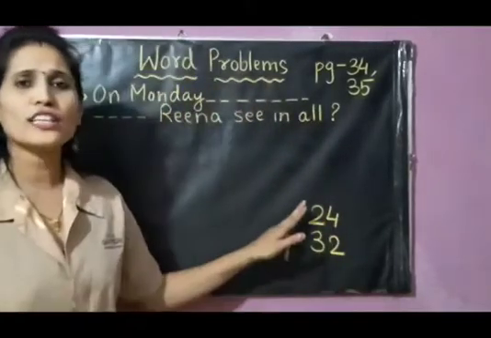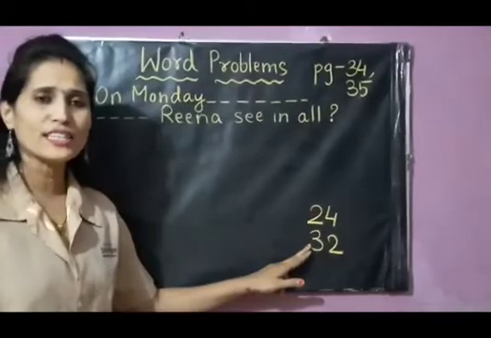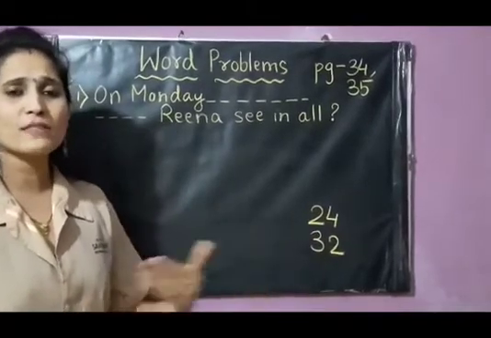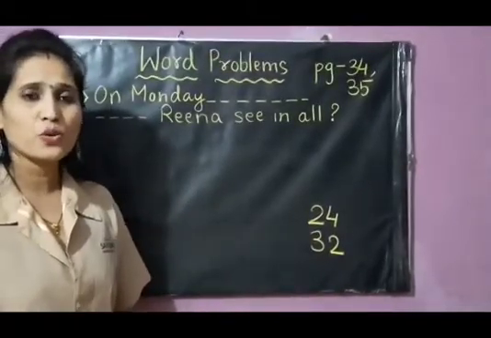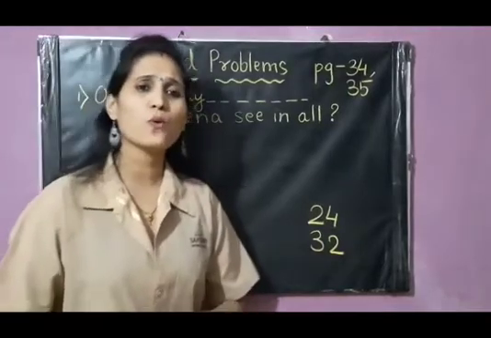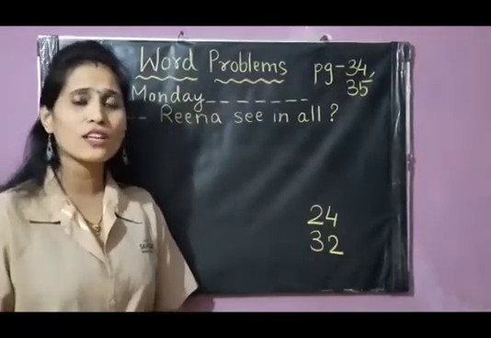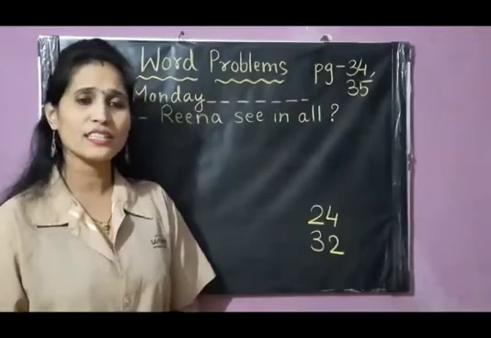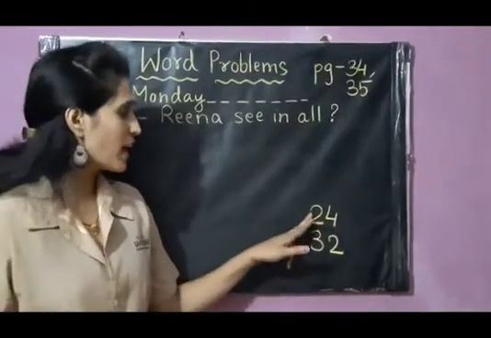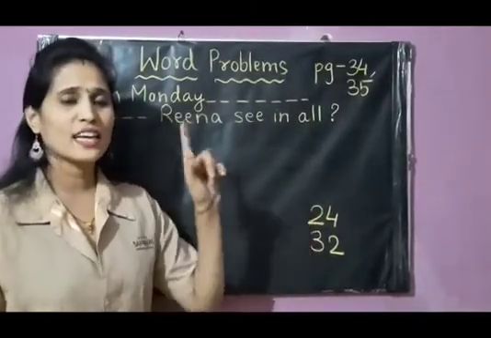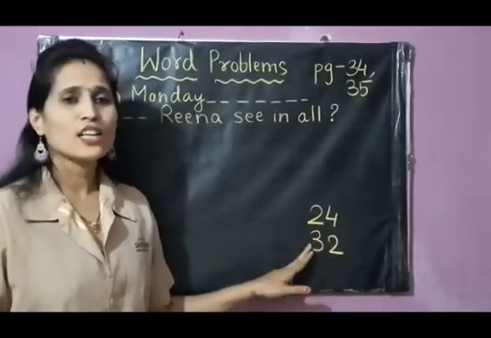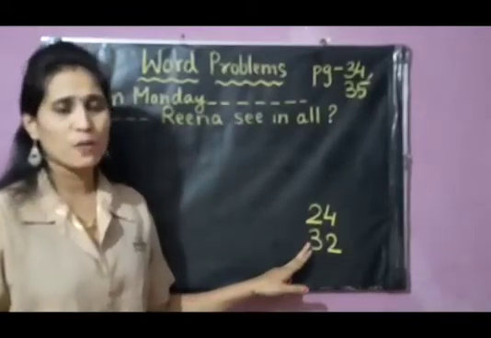Okay, I got these 2 numbers here. Always read the word problem as many times as you can, so that you will exactly get to know what the question is and what the examiner is asking for. So there are 24 butterflies in one bush, and 32 butterflies in another bush.